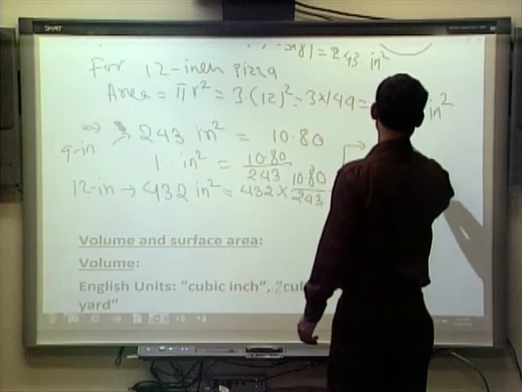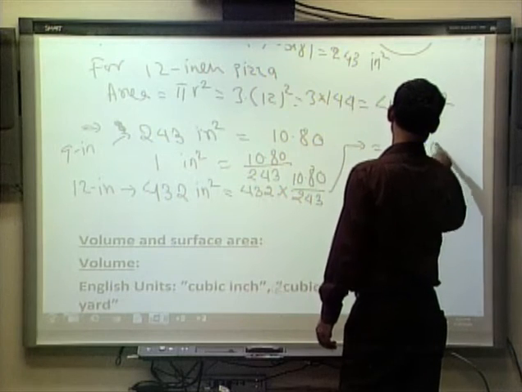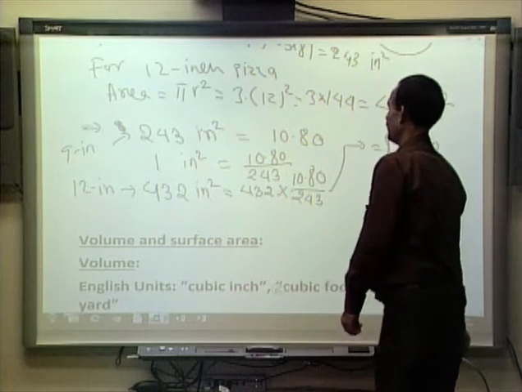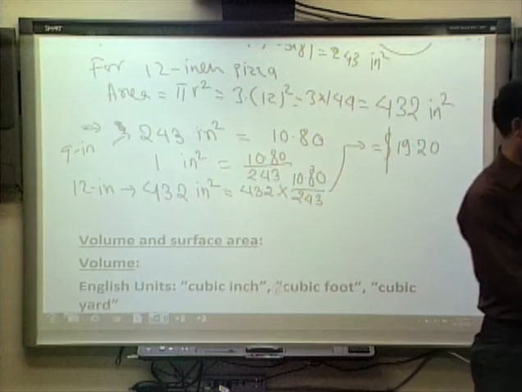So, the bigger pizza will cost me $19.20.